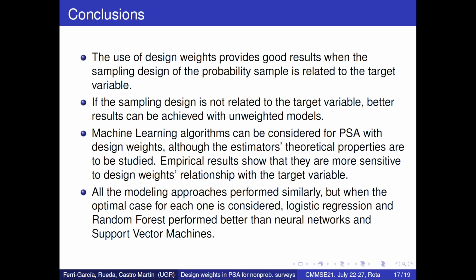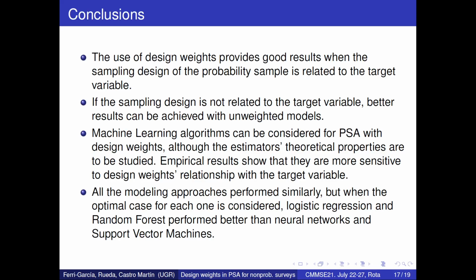Machine learning algorithms can be considered for propensity score adjustment with design weights in case they admit model fitting with weights, although the estimator's theoretical properties are yet to be studied, because logistic regression is focused on a procedure that optimizes the pseudo likelihood function, but in the case of machine learning algorithms, the loss function can be different.